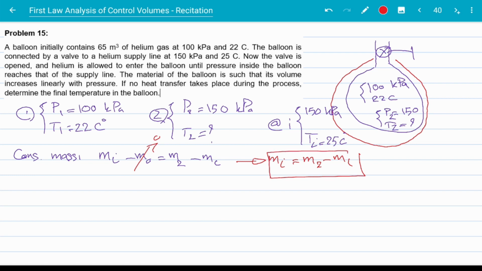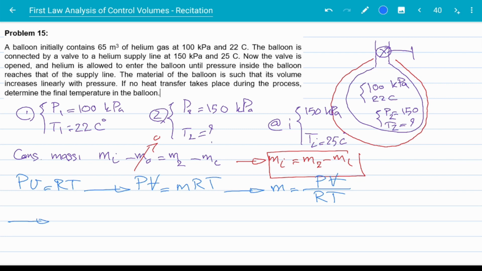Now let's see if we can find some numbers for these masses. The ideal gas equation says that P times specific volume is RT. Playing with this equation, I get P times total volume is mass times RT. Again, playing with this equation, I get that mass is P times total volume over RT.